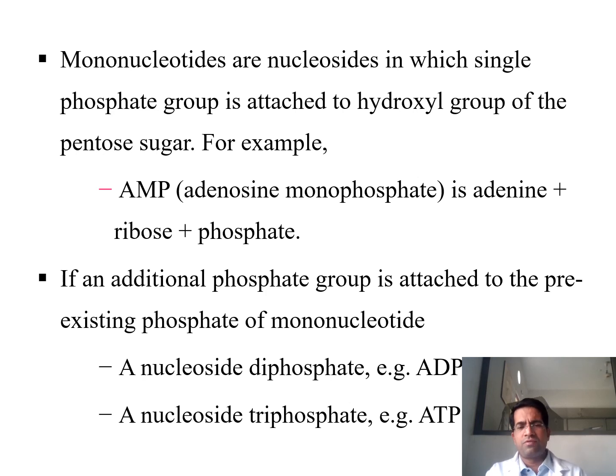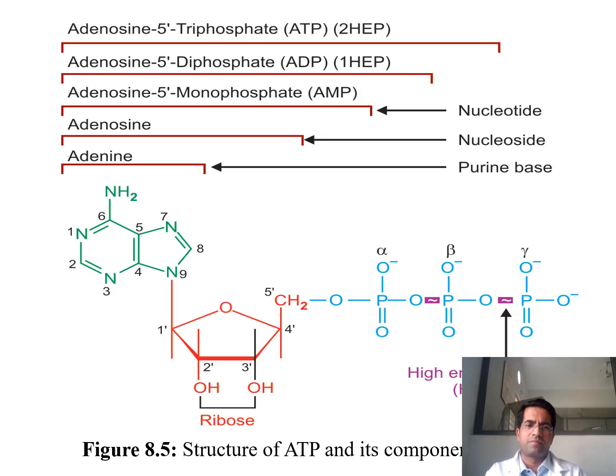If an additional phosphate is added, AMP gets converted to ADP, adenosine diphosphate. Then if you add one more phosphate group, it becomes adenosine triphosphate. So depending on the number of phosphate groups, it can be monophosphate, diphosphate, or triphosphate.